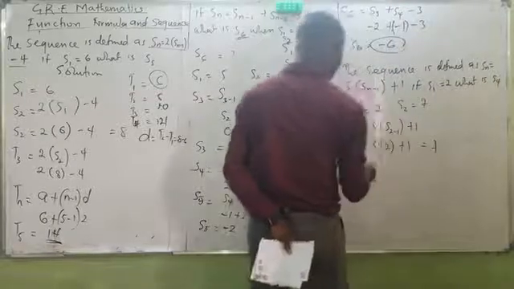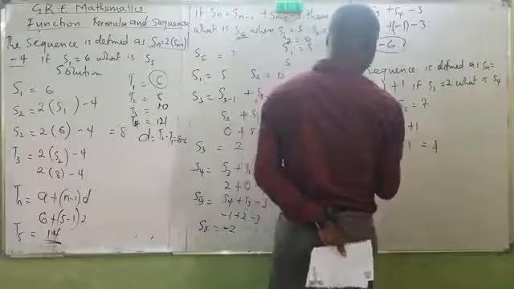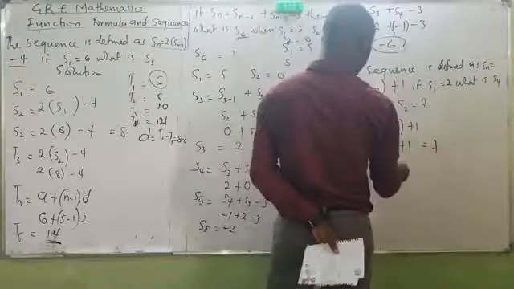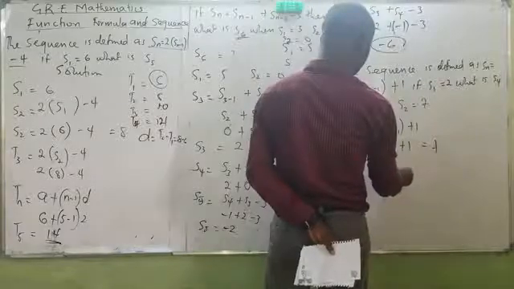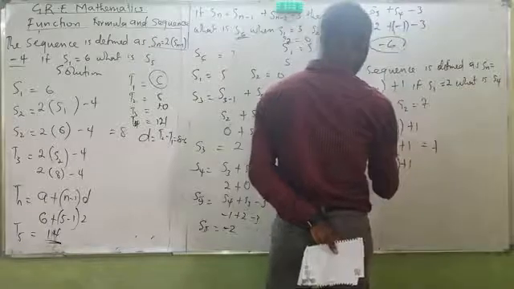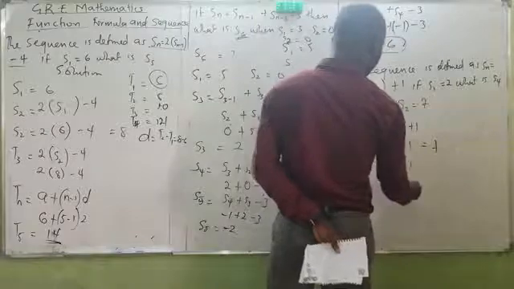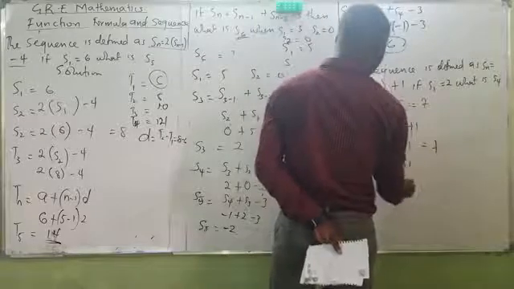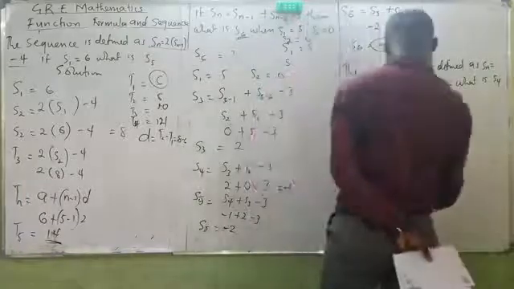My S3 will be equal to 3 bracket of S2 plus 1. What is my S2? 7. 3 bracket of 7 is 21, plus 1, that will be 22.